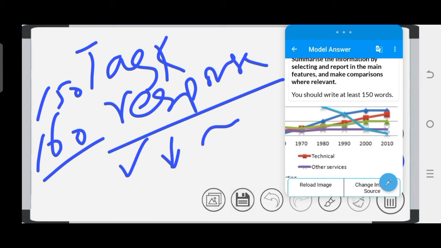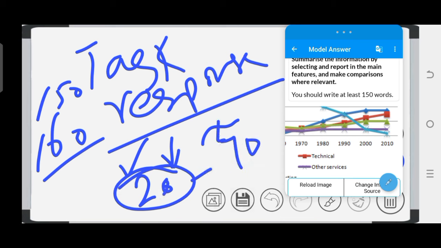Once we are done with that, we're gonna pursue that. So that has a double marking, you can say that that value is double than this one, because here in task 1, you can spend like 20 minutes out of the allotted 60 minutes, and almost 40 minutes for task 2.